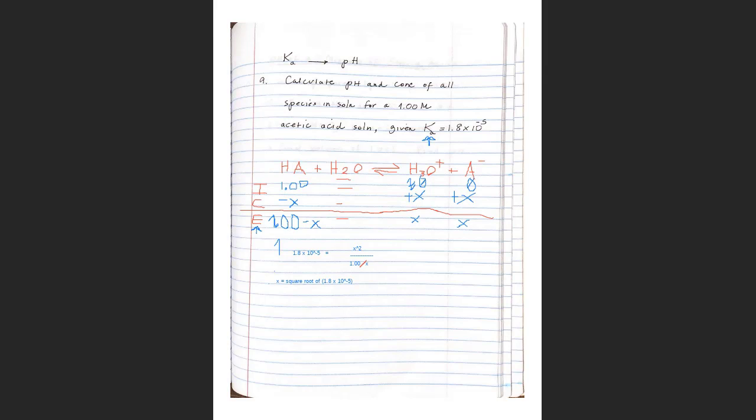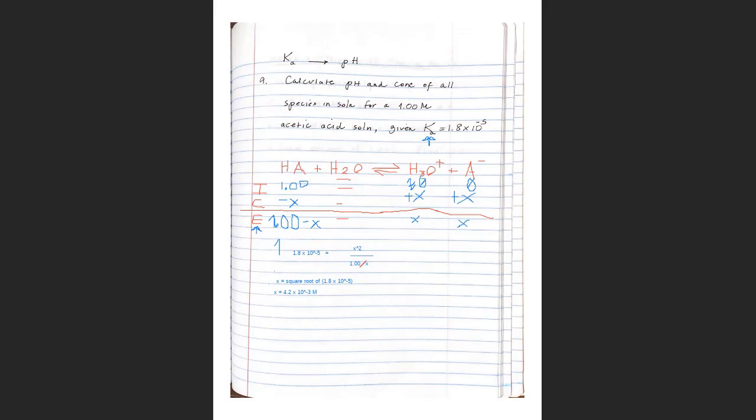I can't do square root in text, so I just specify it via text. For that, I get x equals 4.2 times 10 to the minus 3 molar. Is that what you get? Yes, same here as well.